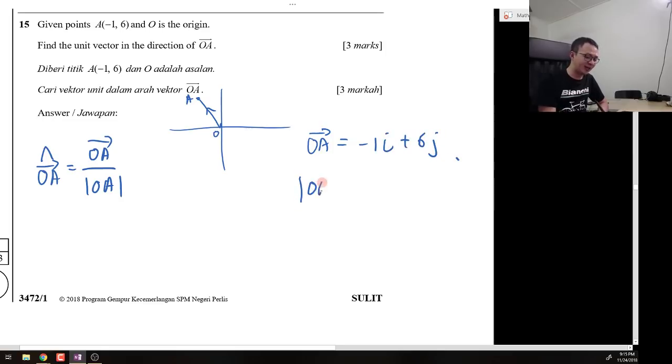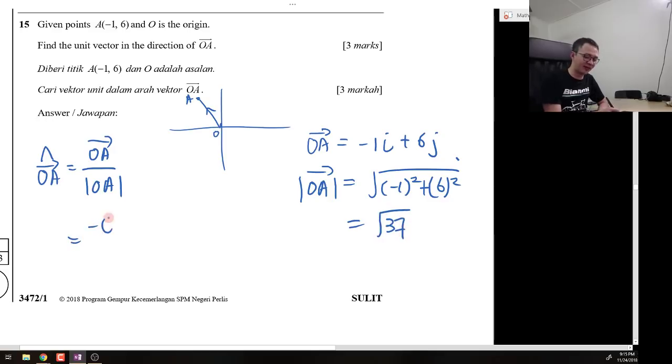Now to find the length of OA, like Pythagoras, -1 squared plus 6 squared, I get the square root of 37. Therefore my unit vector will be (-i plus 6j) over the square root of 37. This is the formula. Basically just like that.